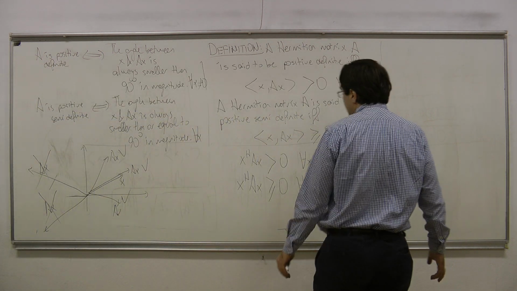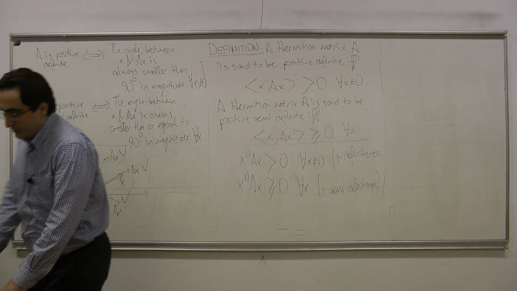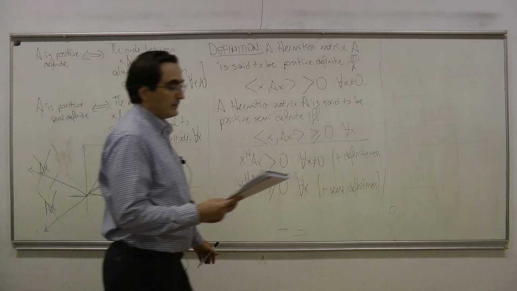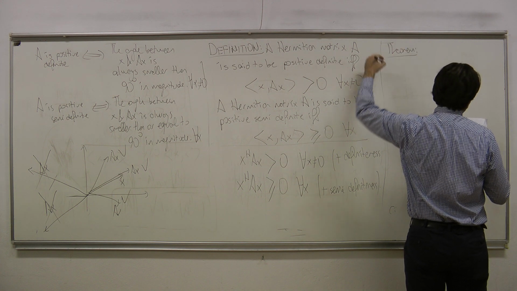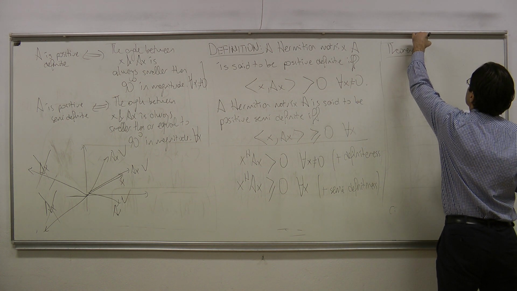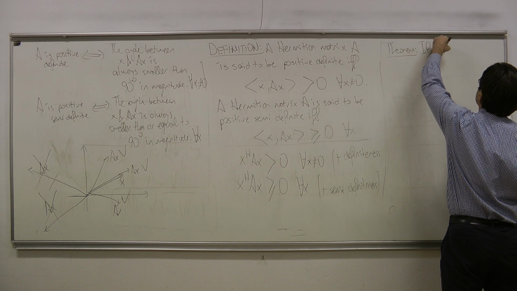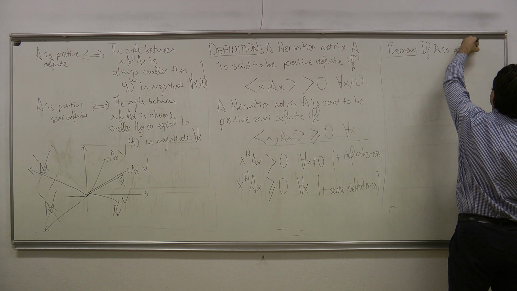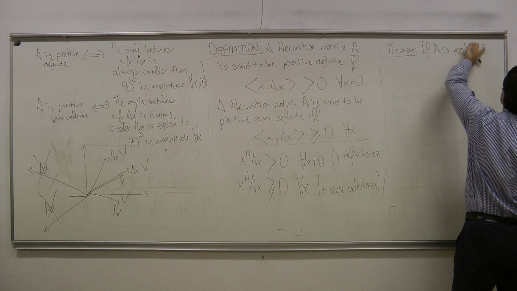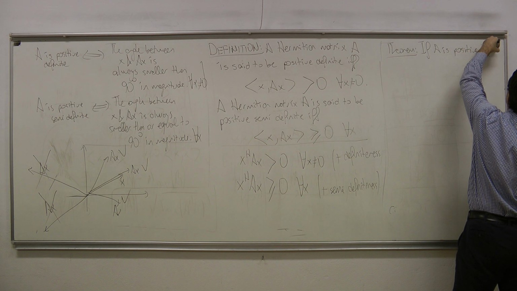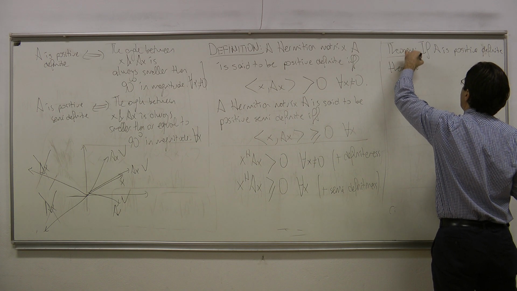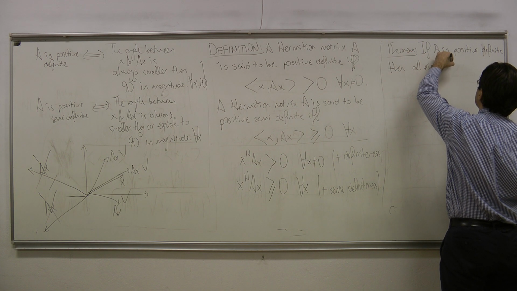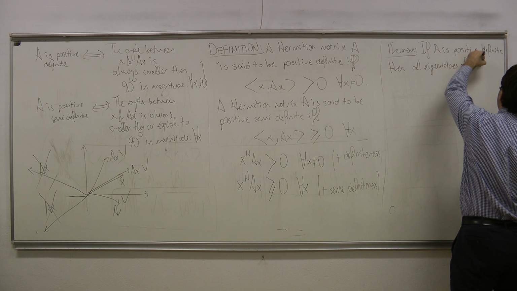The only thing remaining is to look at the property of an eigenvalue of a positive definite matrix. Let us write a theorem. If A is positive definite, then all eigenvalues of A are positive.